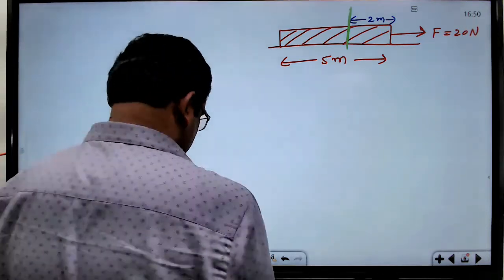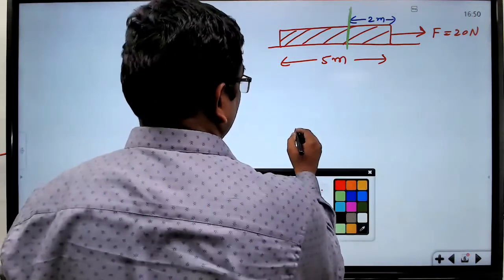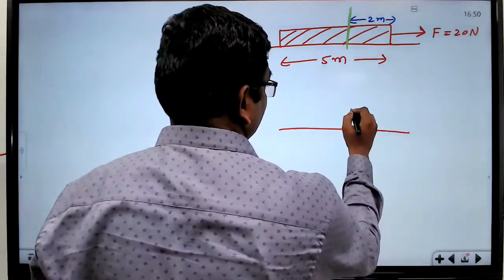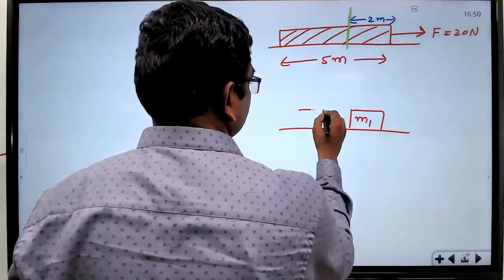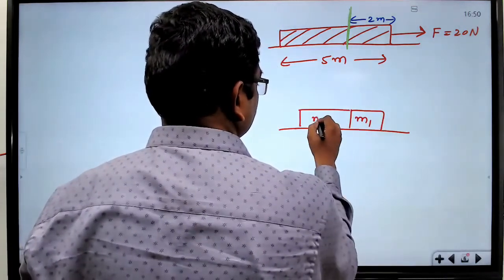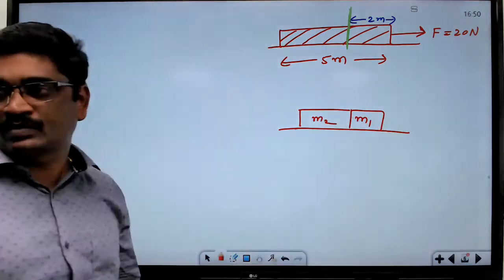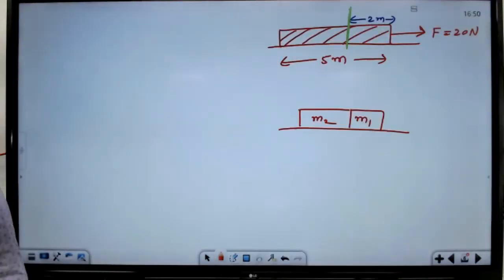So we can divide this one into 2 different parts or 2 different masses like M1 and M2.